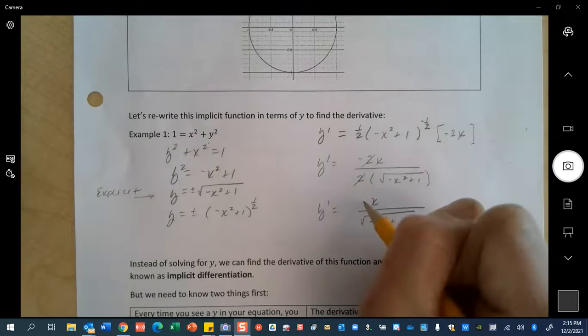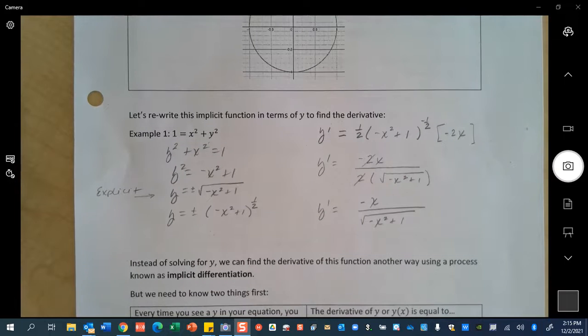Oh, yep, still negative. Thank you. You can go put Smarty up. Okay. Are we good there? Yeah? Okay.